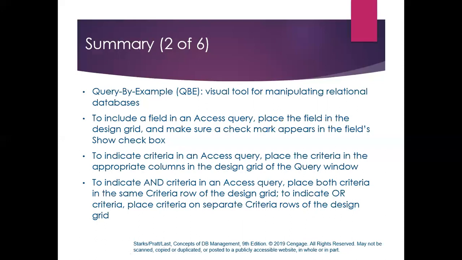To indicate the AND criteria in an Access query, place both criteria in the same criteria row of the design grid. To indicate the OR criteria, place the criteria on separate criteria rows of the design grid.